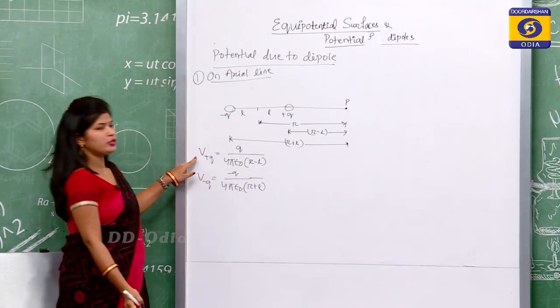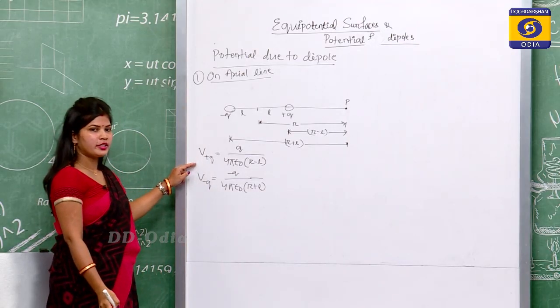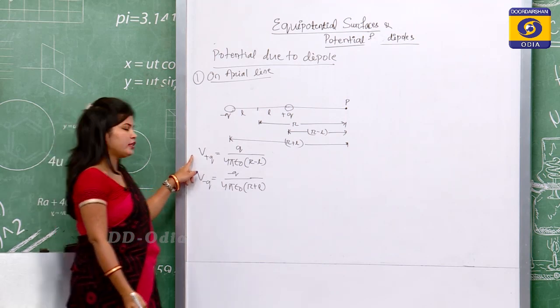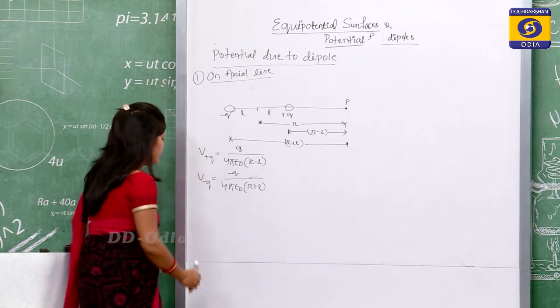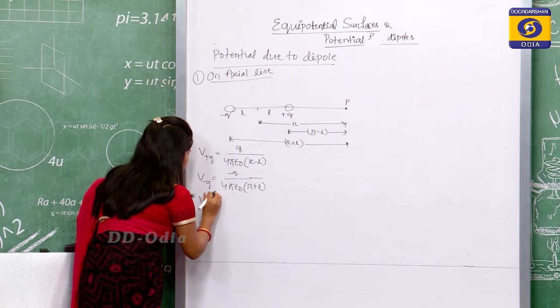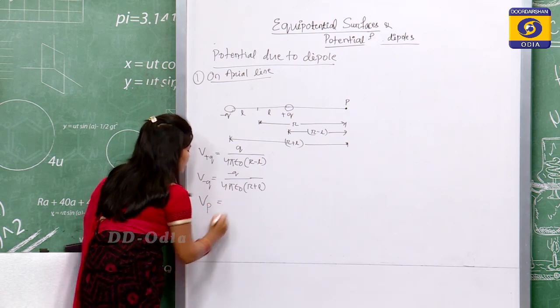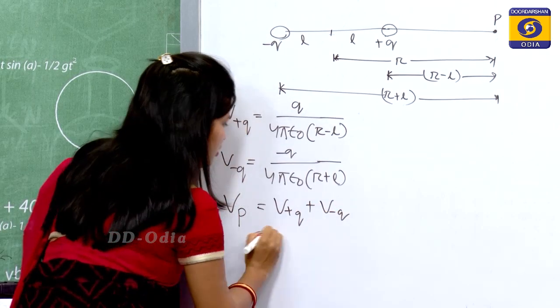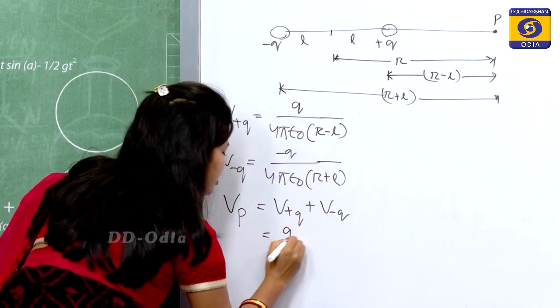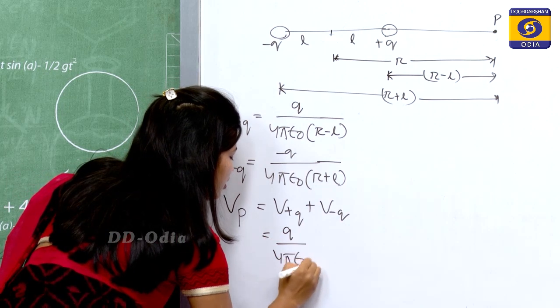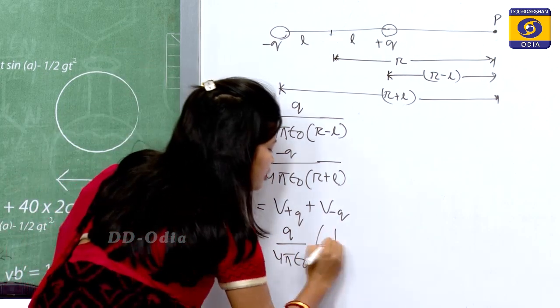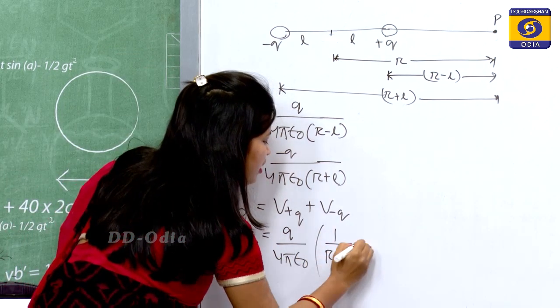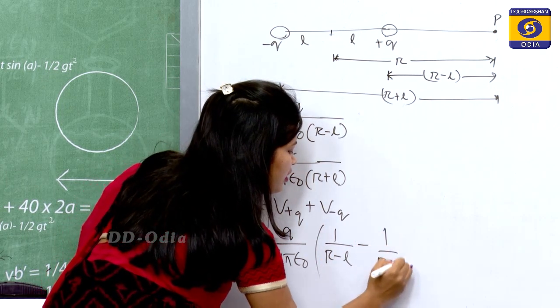So, potential is easy to calculate in comparison to electric field, because electric field is a vector quantity and potential is a scalar quantity. So, net potential at point P is V plus q plus V minus q. Taking q upon 4 pi epsilon naught common, it is 1 by (r minus L) minus 1 by (r plus L).